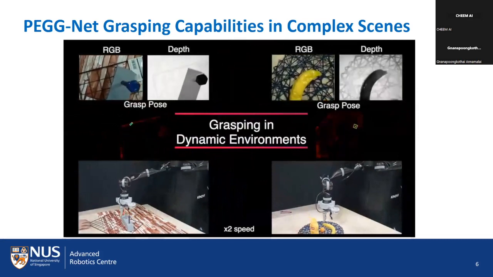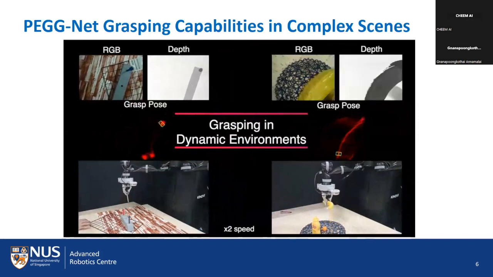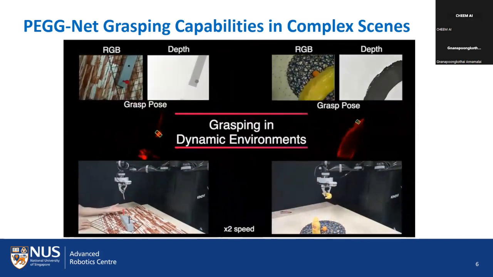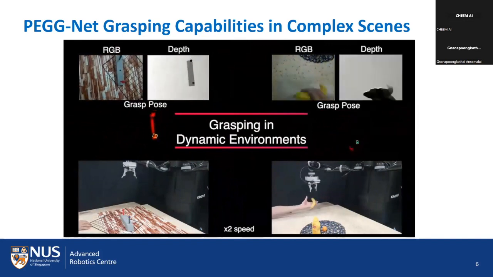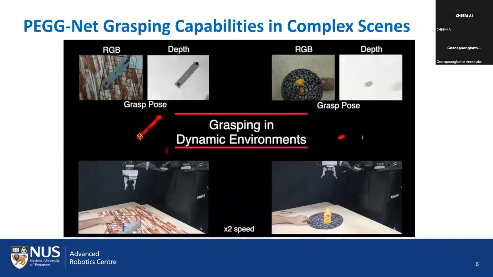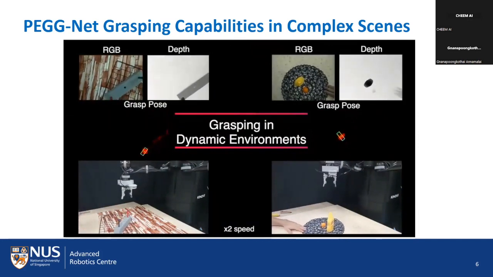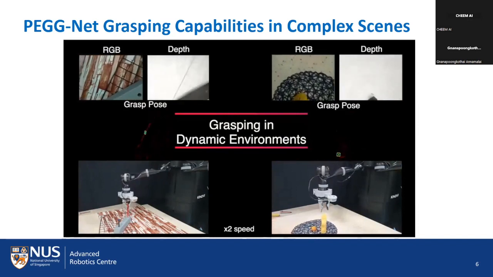In this case, we're looking at grasping in dynamic environments. As Pegg-net is moving down to grasp the object, we can move the objects in the surroundings, and Pegg-net will follow the object to its new grasping position. It's making the inference in real time, and it's able to track the objects.